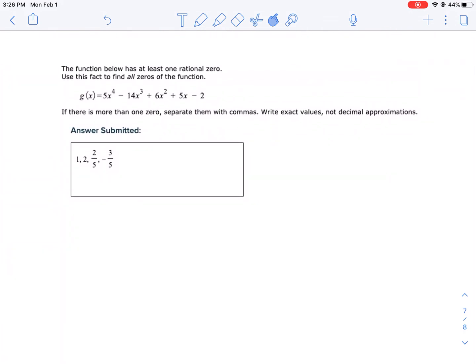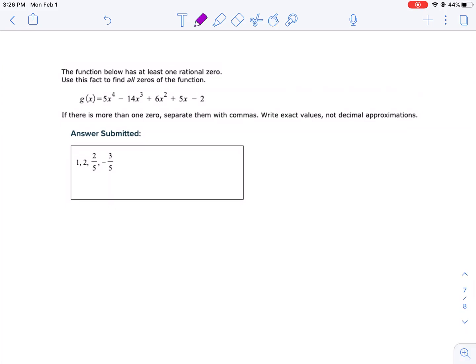Okay, on this one, we want to find all the roots. Once again, if I would have seen you work, I could have seen what's going on here, because you got part of it right. So let's do 1. We have 5x to the 4th minus 14x to the 3rd, positive 6x squared, positive 5x minus 2.